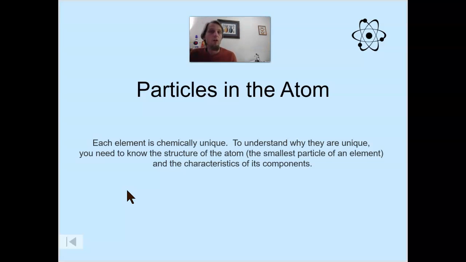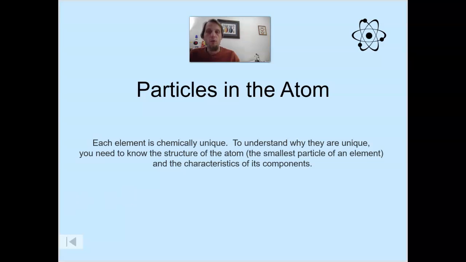We have found that there are particles that are smaller than the atom, but they do not themselves make up anything. So the atom then is the basic structural unit. There are subatomic particles, smaller than the atom, that make up the atom, but in and of themselves they form nothing. It's not until you have the atom that you have any form or shape of matter.